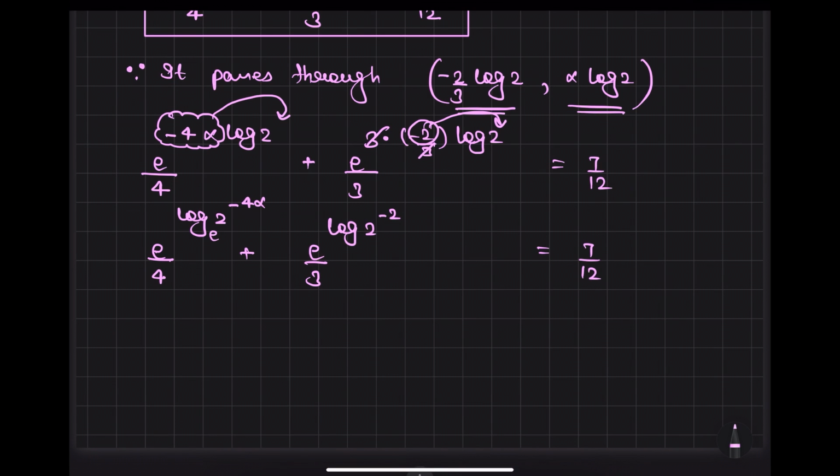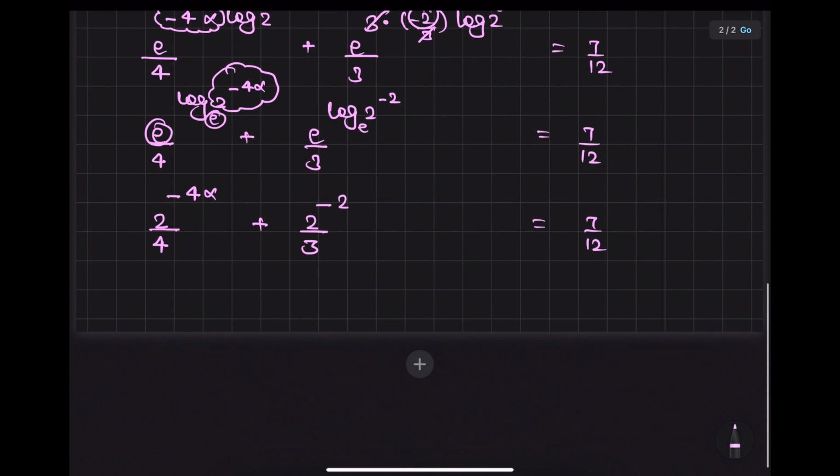Now you know that the base of the log and this thing is the same, so you can write the result. So we have 2 to the power minus 4 alpha by 4 plus 2 to the power minus 2 by 3 equals 7 by 12. Now you have to simplify things to get the required result. So let's do it.